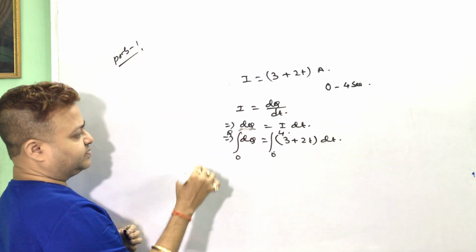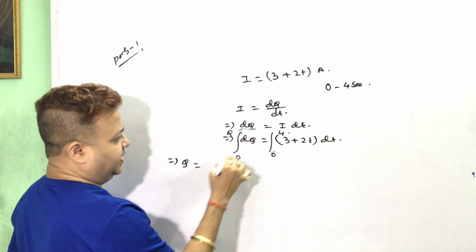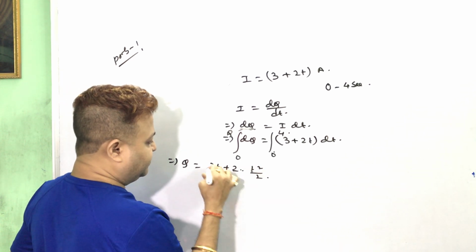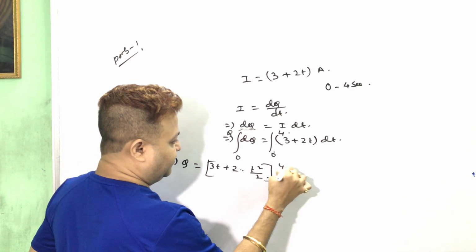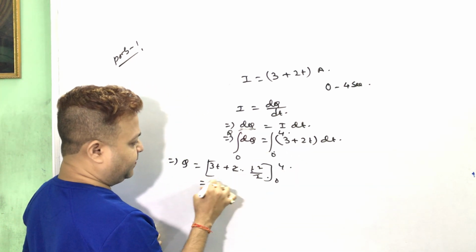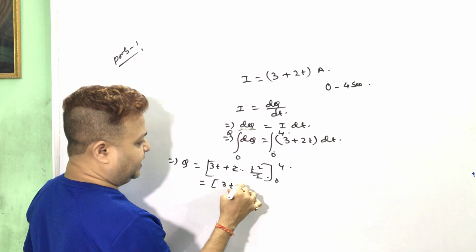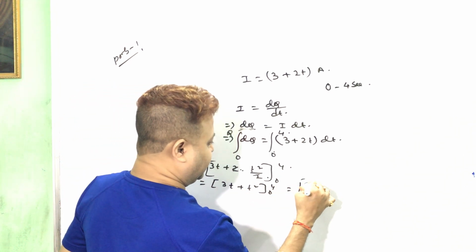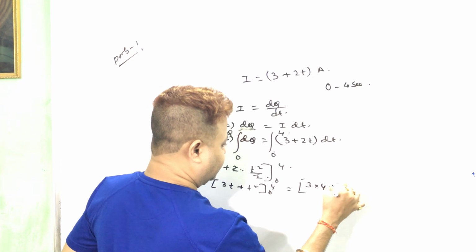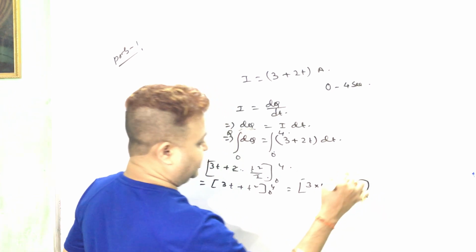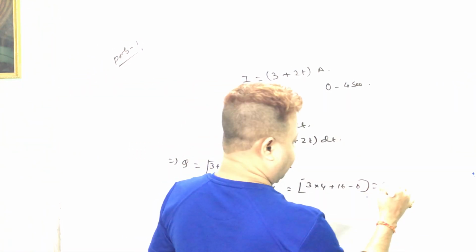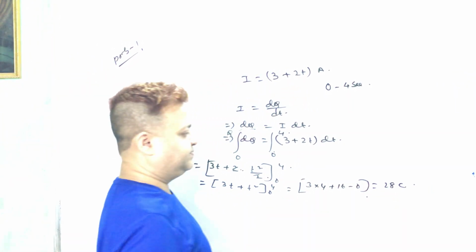So it becomes q equal to 3t plus 2 into t square by 2, 0 to 4 second, or 3t plus t square, 0 to 4 second. Put the upper limit first, then the lower limit. 28 coulomb.